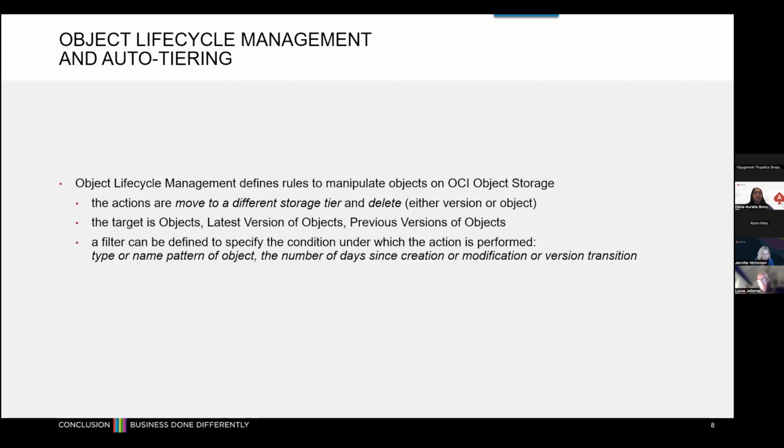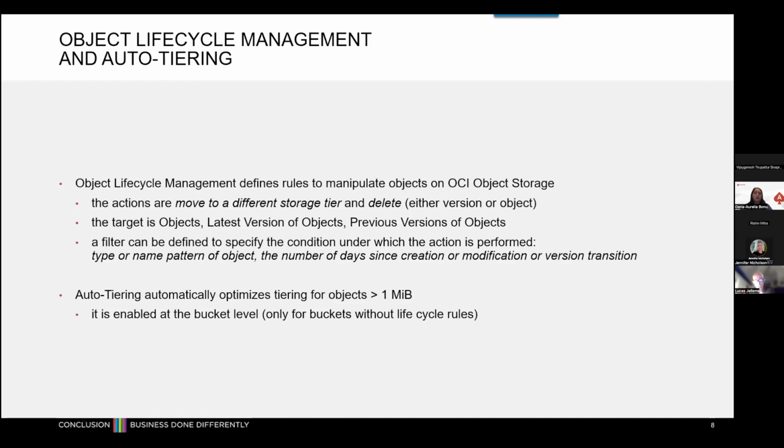So a specific type of object, a number of days since the last time it was modified or the day it was created, or whenever a specific version transition takes place. That might be a trigger for the rule to, for example, after 30 days, remove an object version, an older version altogether, or to move an object to the archive storage tier.